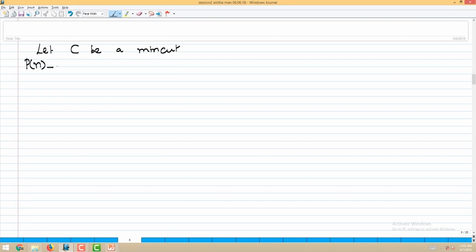P of n is the probability of producing a correct min-cut in the input graph with n nodes.